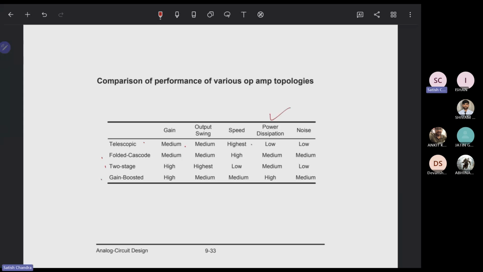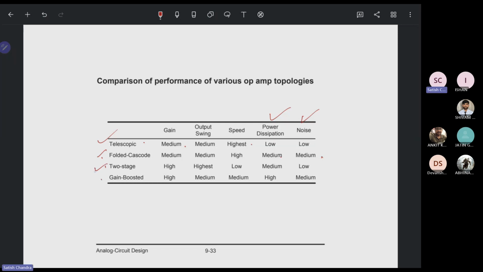But in the case of power dissipation, we are getting low for the telescopic. In the telescopic, we are not achieving the gain properly. If you go from telescopic to folded cascode, we advance: we achieve medium and medium, and we also achieve the gain.